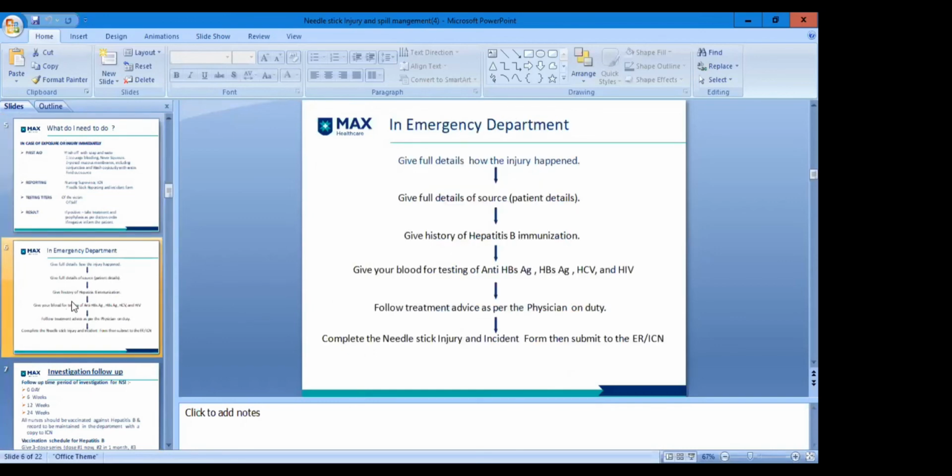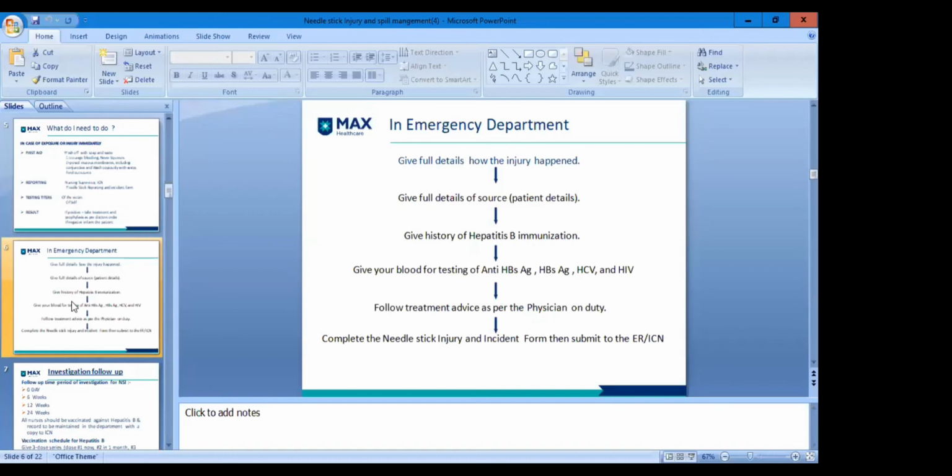After the needle stick injury happens, the staff who had the injury go to the EMO. There's a needle stick injury form which needs to be filled up, where the details of the source have to be given, whether it is a patient or an unknown source. Are you immunized with hepatitis B?